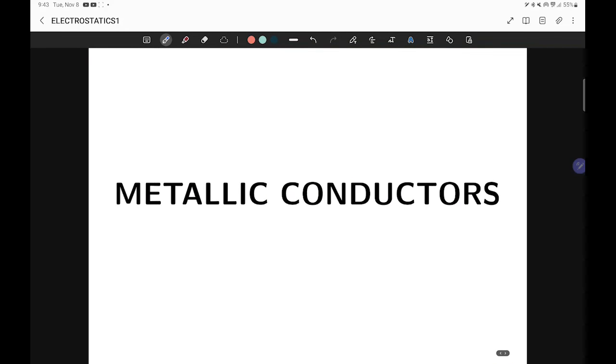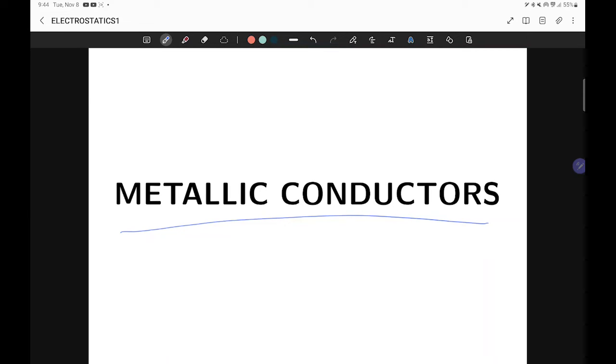Okay, so we also have another type of material to study in electromagnetism. Aside from neutral objects, spherical shells, and metal spheres, we also have metallic conductors.